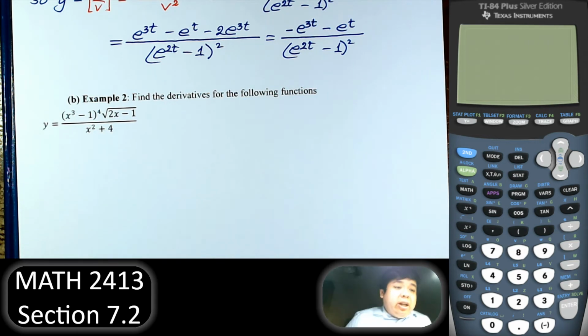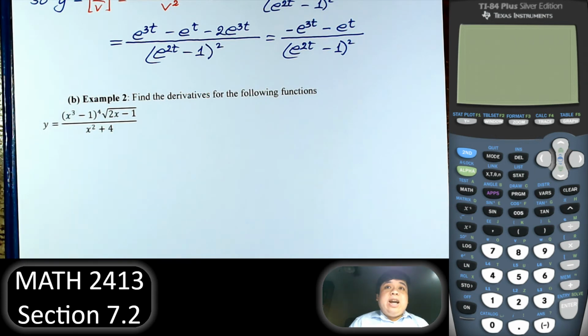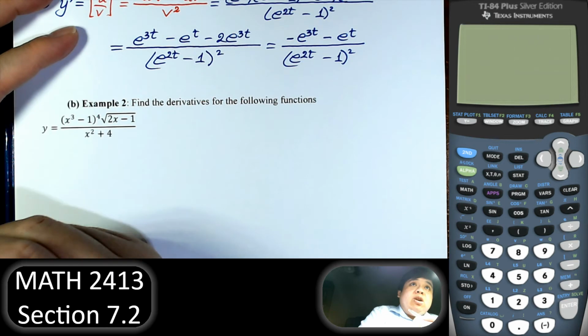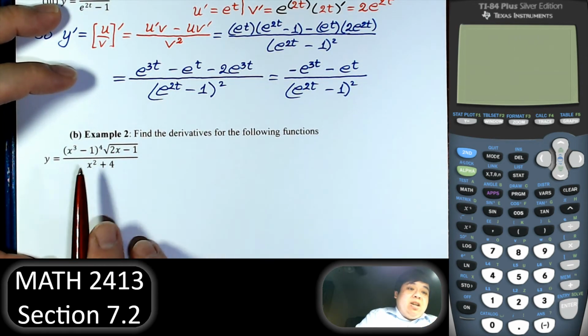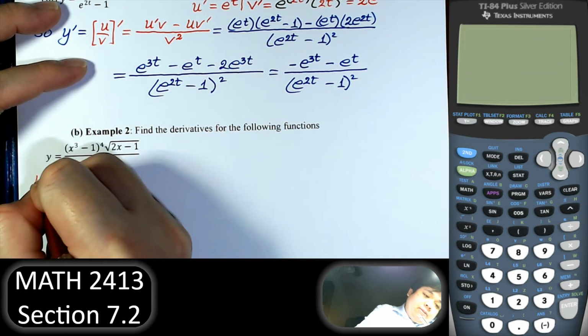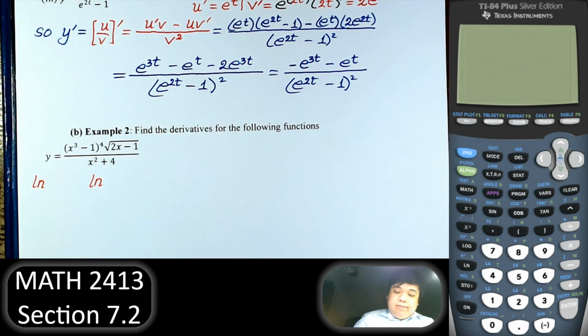So what we do here, when we have such a complicated function, we can just go ahead and take ln on both sides, because we have a lot of the properties of the ln that can simplify this expression on the right hand side. So we'll take the ln on both sides.